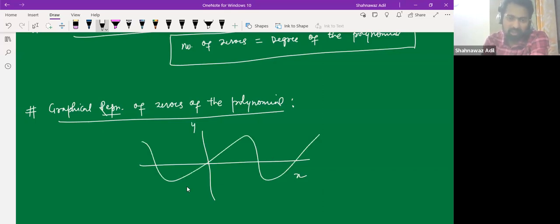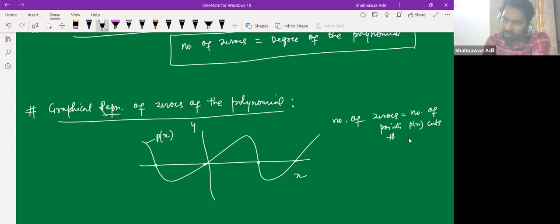So this is the graph of p(x), and the number of points at which p(x) cuts the x-axis gives you the number of zeros of p(x). So the number of zeros is equal to the number of points where p(x) cuts the x-axis.